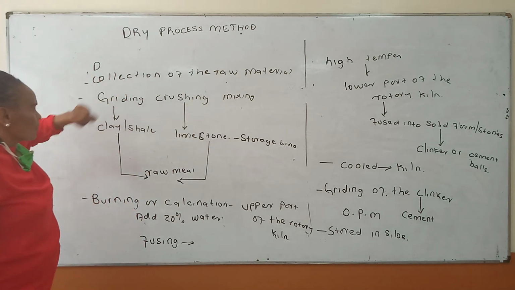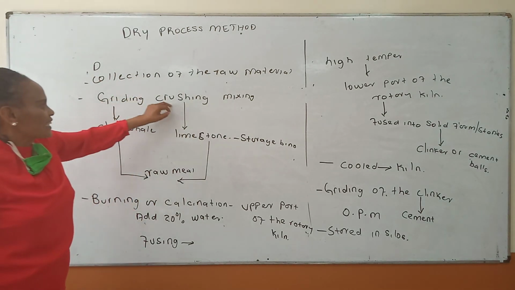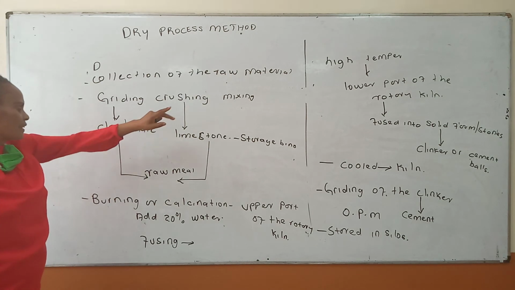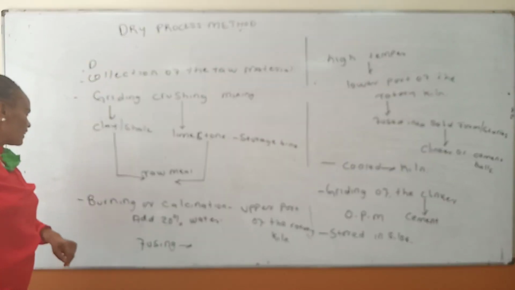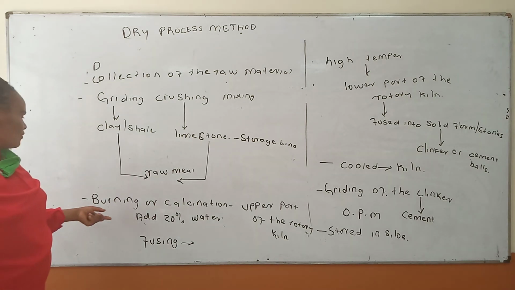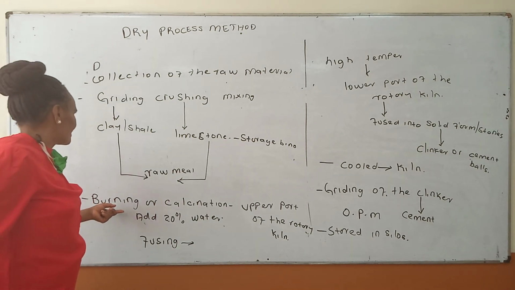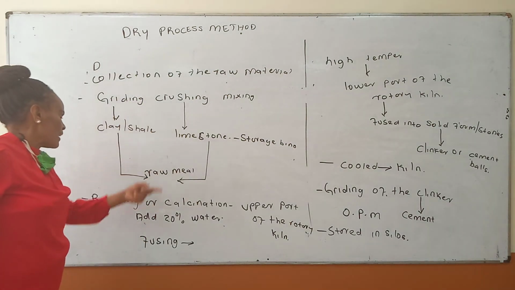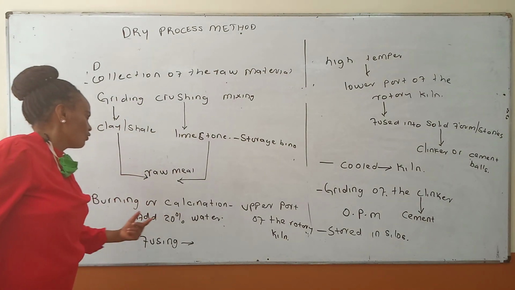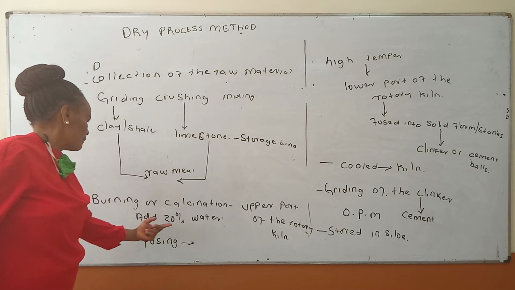That is collection of the raw materials, grinding, crushing, and mixing them. When we mix them, we form the raw meal. Then we go to burning or calcination, and for the dry process, you add some water to facilitate burning.